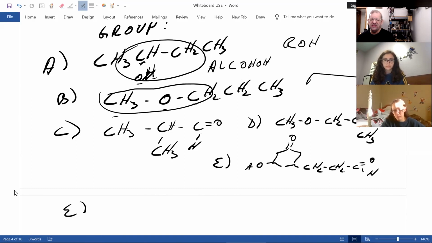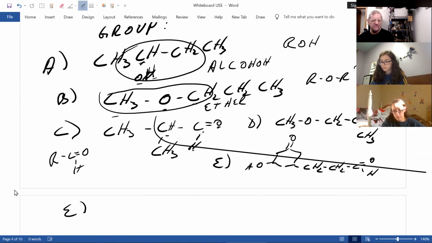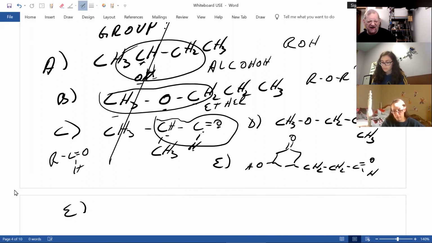And that's an ether. Oh, look, oxygen here, double bond to carbon, hydrogen there, carbon's there. Well, not the best circle, but that's an aldehyde.